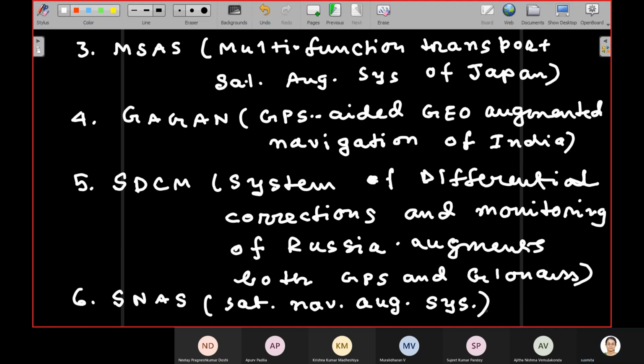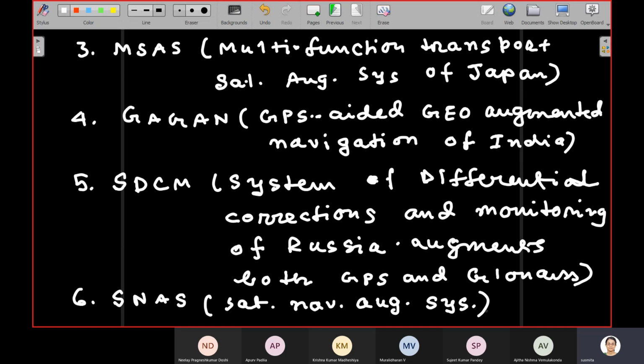So to improve accuracy and reliability, SBAS systems were originally developed for aircraft navigation.